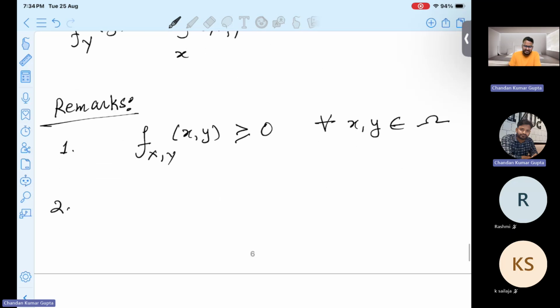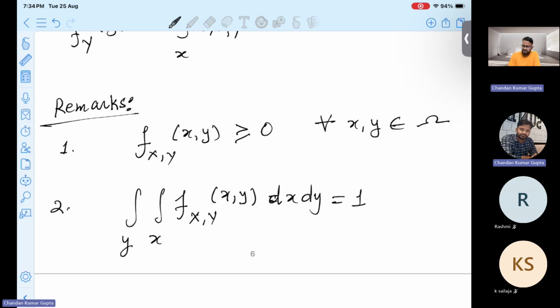And the second, where there was a summation over the two variables, here it is the integral. Since I've written x and y, the integral of f(x,y) dx dy comes out to be 1.